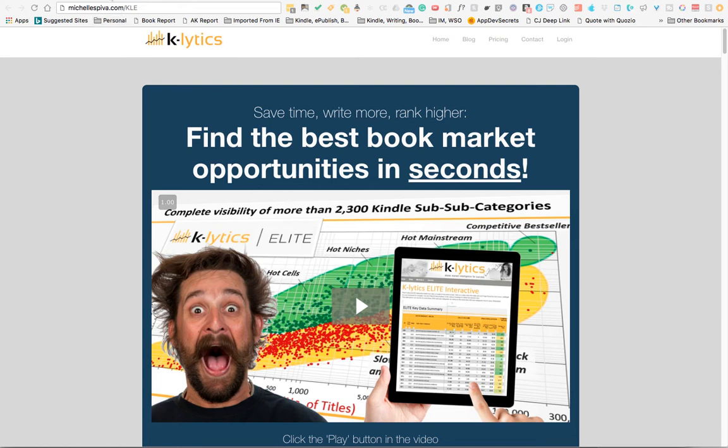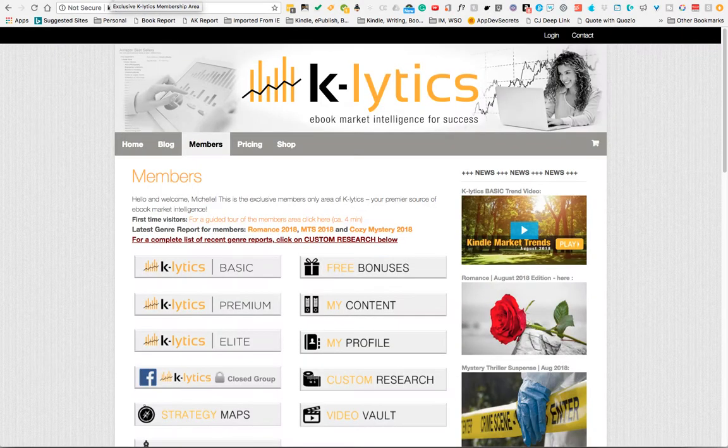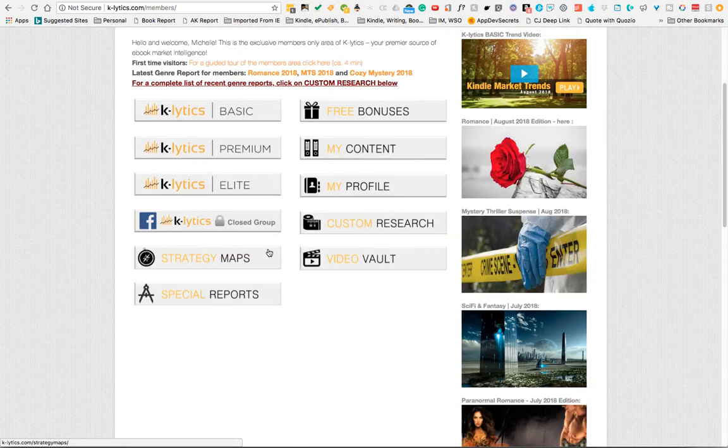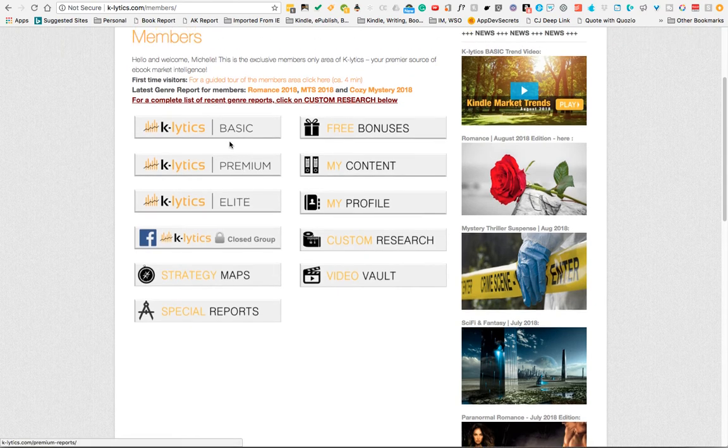Now this is K-Lytics. When you go inside, after you've signed up, if you have account access to the monthly product, you will come here to the members area. And what you see are all the offerings that are available. For the K-Lytics data itself, you've got three different layers. You've got the basic layer, which is equivalent to the top tier of the main categories for Amazon.